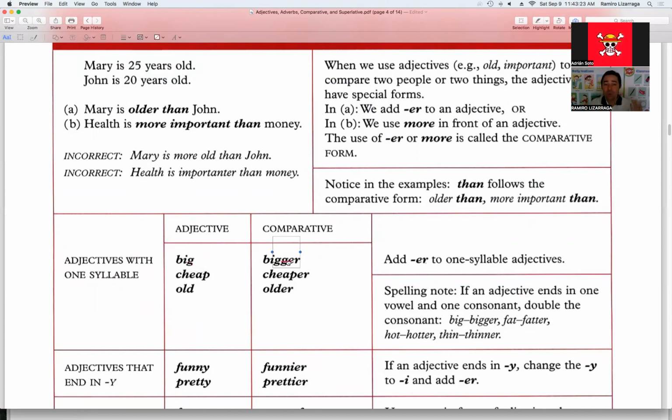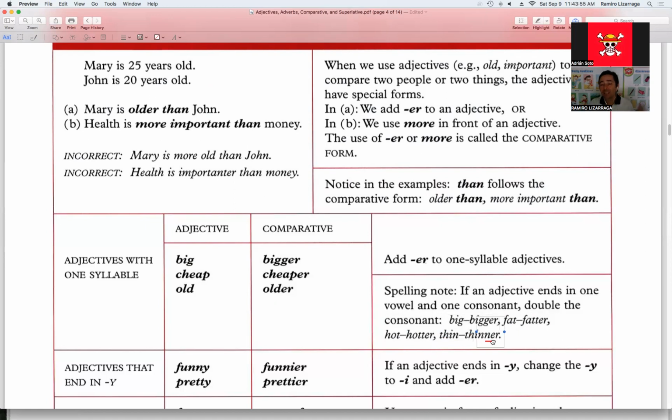And this is why we double the G. Look, big, bigger. Other examples are fat, look at the vowel A and T, fatter. Another example is hot. We have the vowel O and the consonant T, hotter, with double T. Then we have thin. We have the vowel I and the consonant N, thinner, with double N.